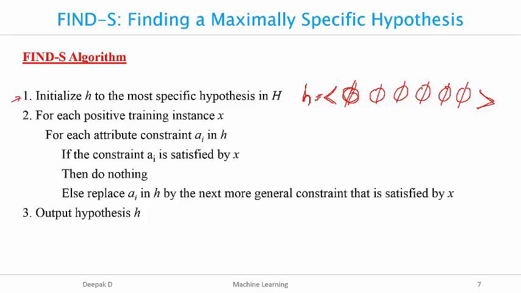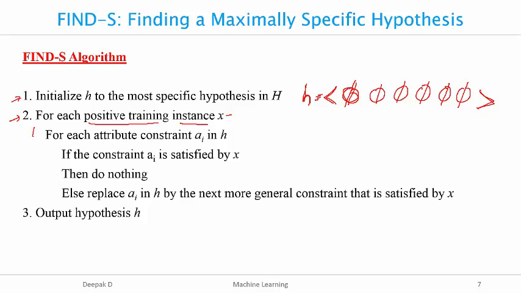This is the first step. The second step is: for each positive training instance x. Remember, the Find-S algorithm considers only positive instances, not negative instances. Whenever a negative instance occurs, it rejects that instance and considers the next positive instance.